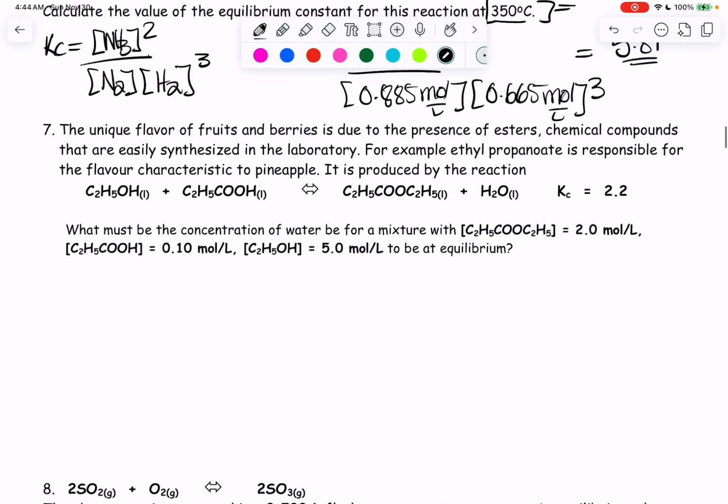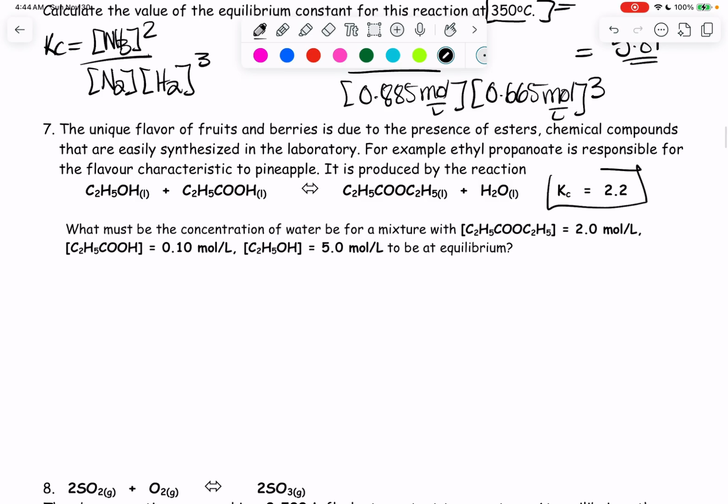Sometimes they will give you Kc and they'll ask you to find an unknown. So because all of this is our liquids, again, this is our esterification. We don't know the concentration of water.